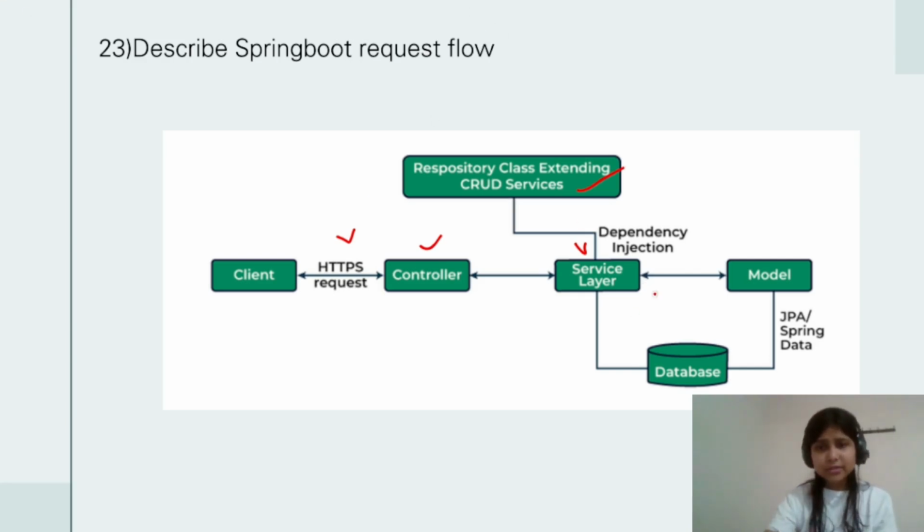Also, this service layer is connected with the model layer. The model layer is like an employee class, or a student class, or any card class, anything. This model is also linked with the database. Suppose we have an employee class.